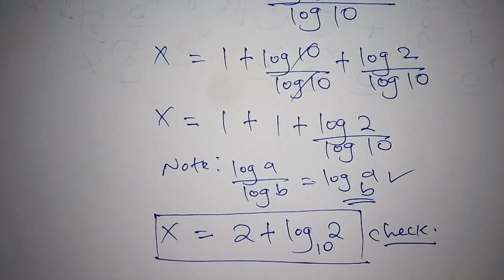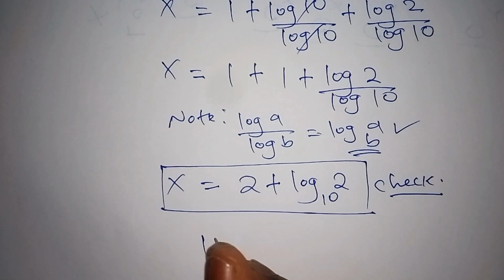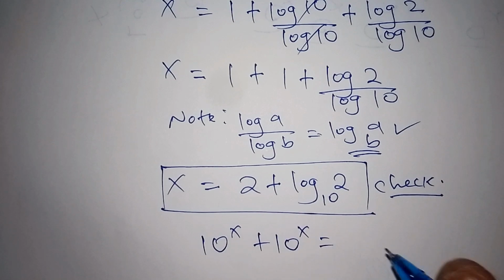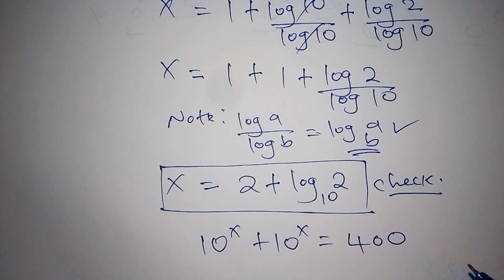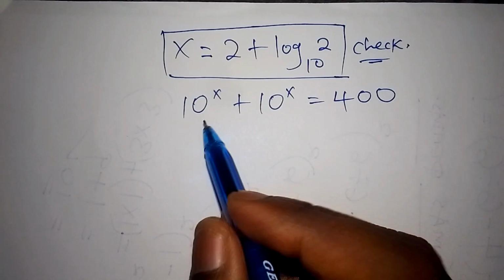So the equation that we had was 10 to the power of x plus 10 to the power of x is equal to 400. Let's confirm if it is true. Now we shall substitute the value for x.